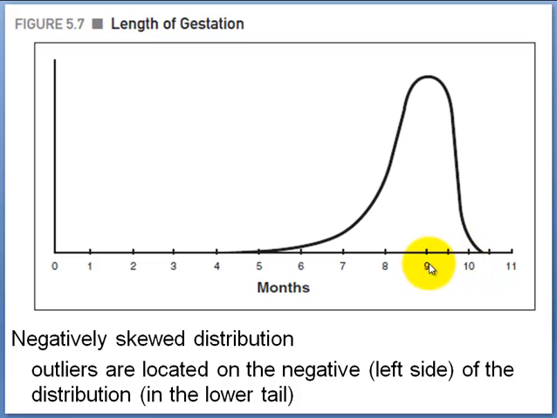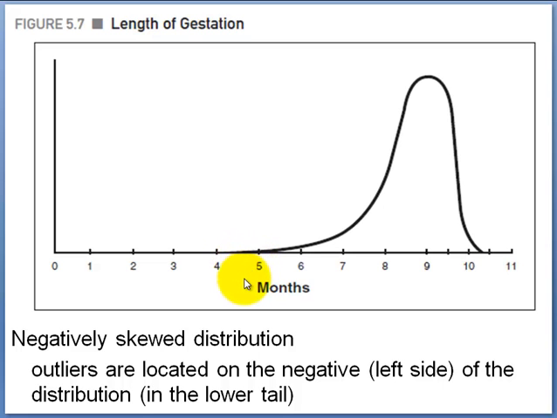But on the other hand, as you all know, particularly with advances in medicine, some kids are born at 7 months, and some even survive at 6 months or 5, and the tail goes on farther.